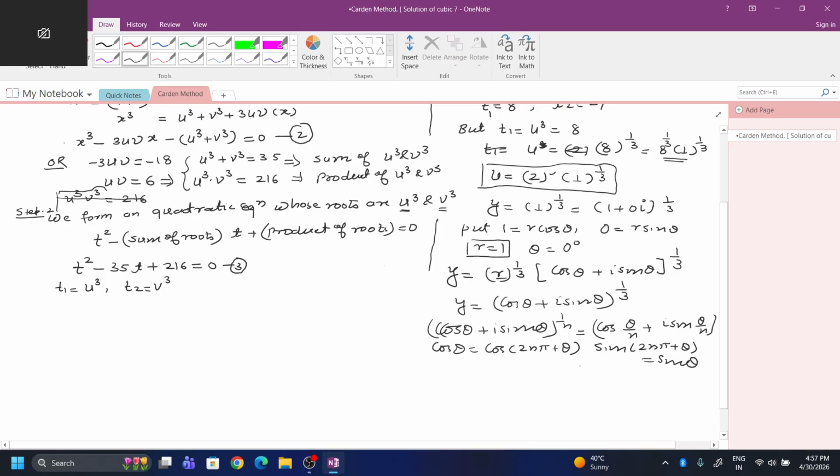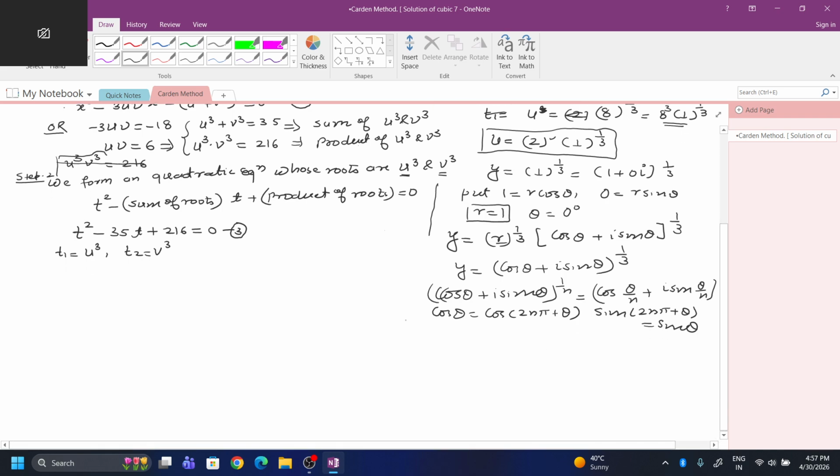So here we can write y is equal to (cos(2n pi plus theta), where theta is 0, plus i sin(2n pi plus theta), again theta equal to 0) to the power 1 by 3.